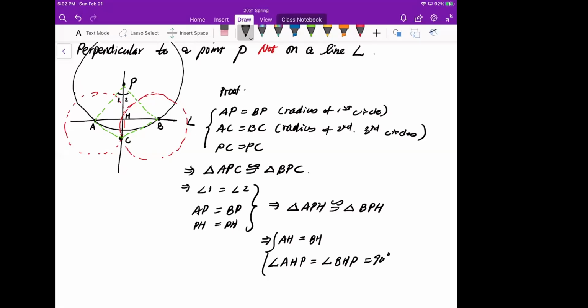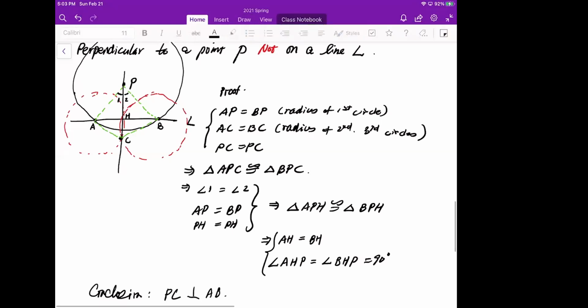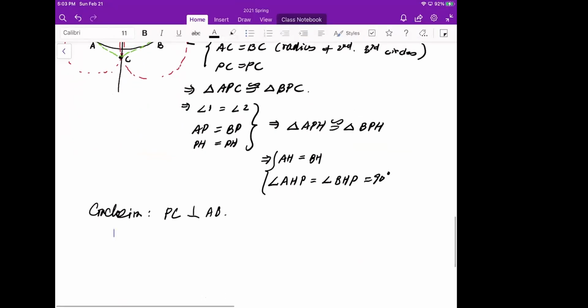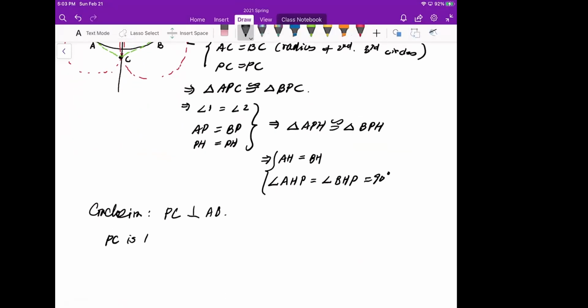So we not only showed that the two lines are perpendicular. The conclusion is that PC not only is perpendicular to AB, furthermore PC is the perpendicular bisector of AB.